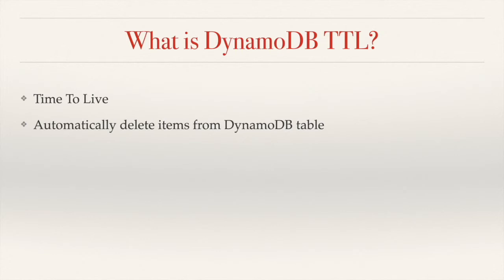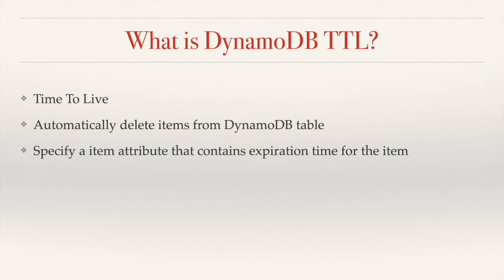Let's suppose you have a telemetry project and you are capturing data from multiple sensors and displaying those on your real time dashboard, and after a few weeks or months, you are no longer using those old records and you want to save some storage and cost. So you may want to delete those old records from your DynamoDB table. In that case, TTL will help you.